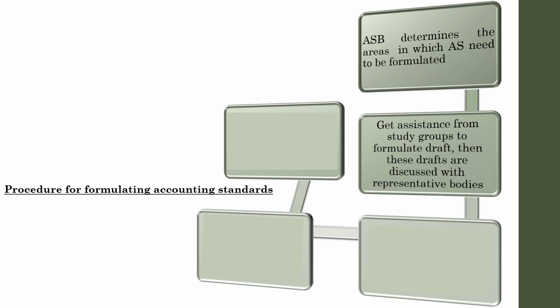How the board gets assistance: the draft of the standard is prepared by the study group and considered by the accounting standards board, and the same draft is sent to various accounting bodies related to Indian business, Indian industries, Indian taxes, etc. The representatives of these bodies are also invited to a meeting convened by the accounting standards board for discussion about the draft standard.